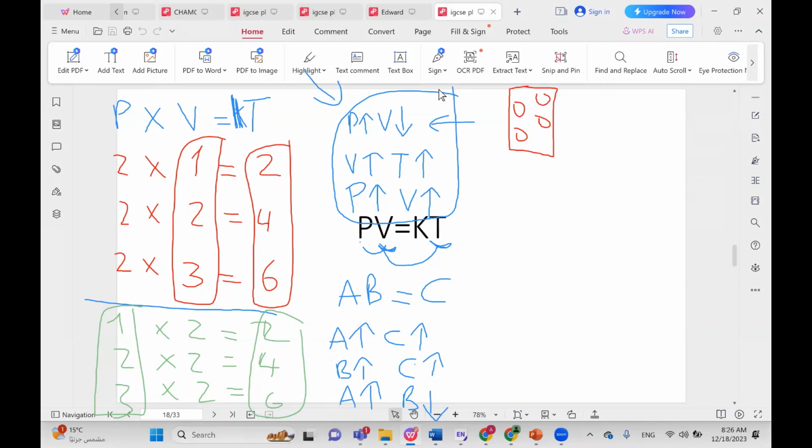I'm just going to shrink the bottle, maintaining the 4 balls inside, the 4 molecules in a sense. So what happens? Like we said, since the volume is smaller, the molecules collide with the walls more frequently. Therefore, the pressure increases. So this justifies this relationship. As the volume decreases, the pressure increases.